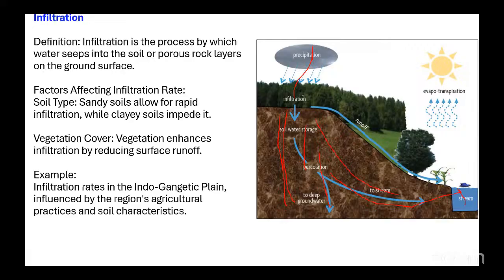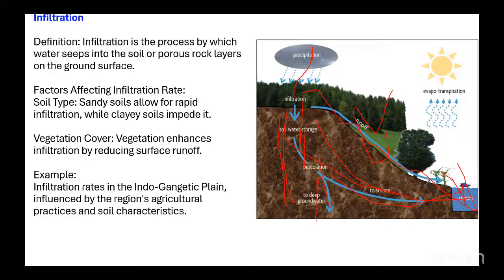Most of the water after infiltration will go to the rivers as runoff. After rainfall, infiltration will be there and most of the water will be transported as runoff. It will join the main streams or main rivers. Some of the infiltration water will also go to the main streams through the subsurface, and some amount of infiltration water will be stored as groundwater.